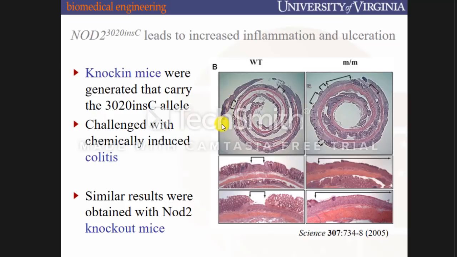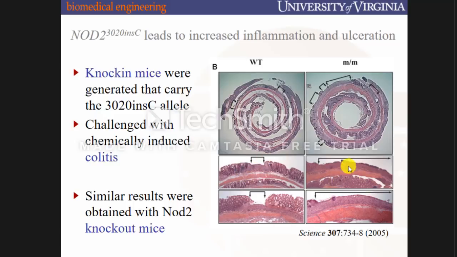So you're able to appreciate that it's not restricted to one segment like it is with ulcerative colitis, but you're able to see throughout the entire GI tract what the inflammation looks like. And in response to this chemical challenge, in the knock-in mice, you see inflammation throughout the entire extent of the mouse's GI tract. And if we look further in the wild-type mouse here, within the crypts and the villi, that's kind of the features of your epithelium in your GI tract, there's minimal inflammation.